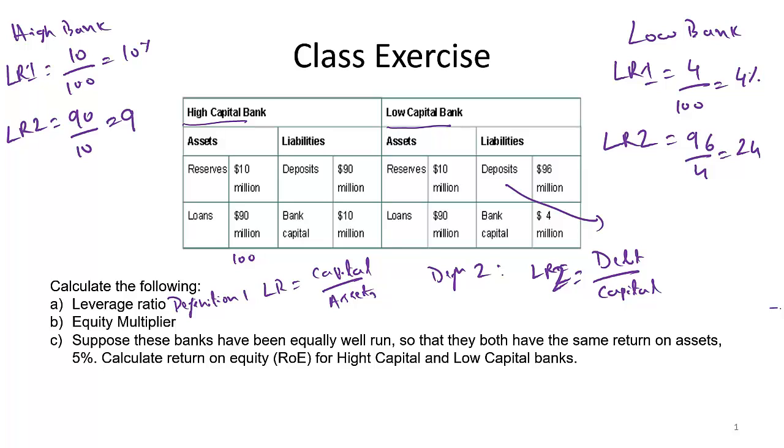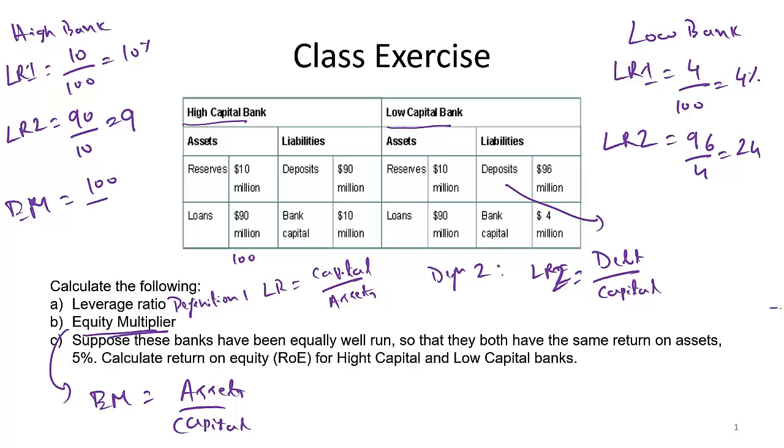Now let's calculate the equity multiplier. By definition, the equity multiplier is the inverse of the leverage ratio, which is assets over capital. So let's do it for EM here. How much are the assets for this bank? Assets are 100.